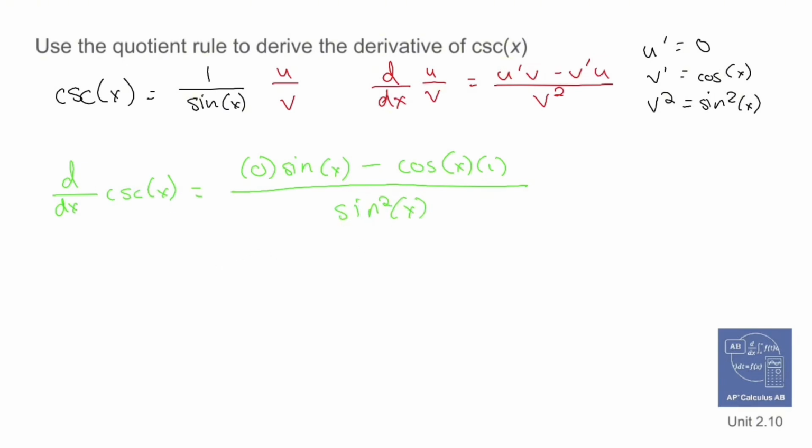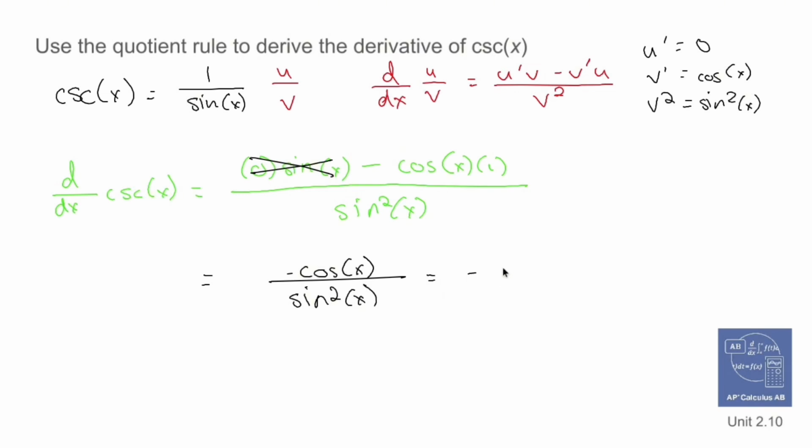So let's make things go away. 0 times sine x goes away. Negative cosine x times 1 is negative cosine x, all over sine squared x. So let's split this up into two parts just for example's sake.